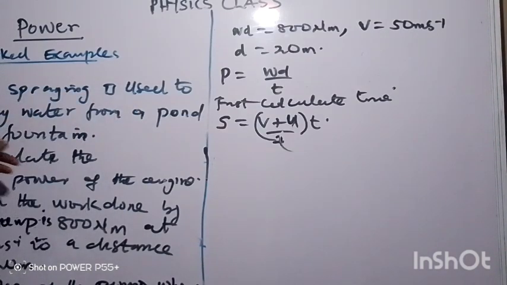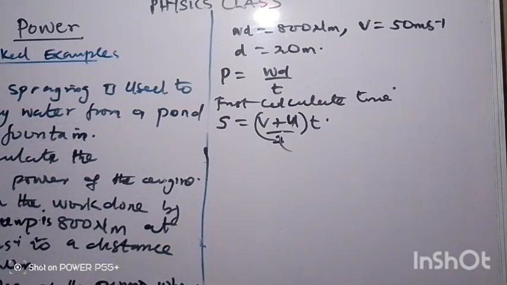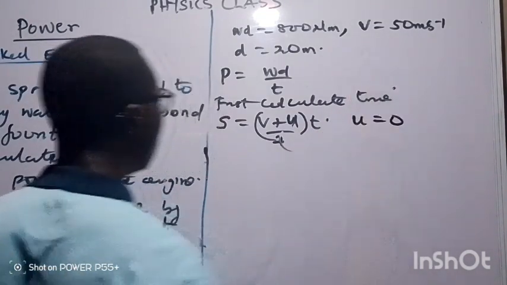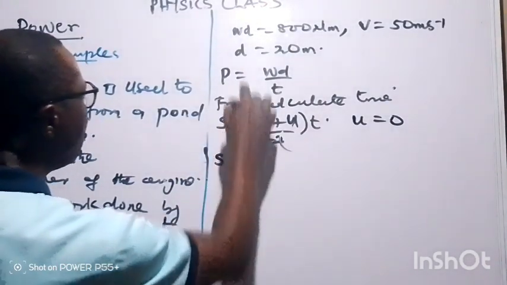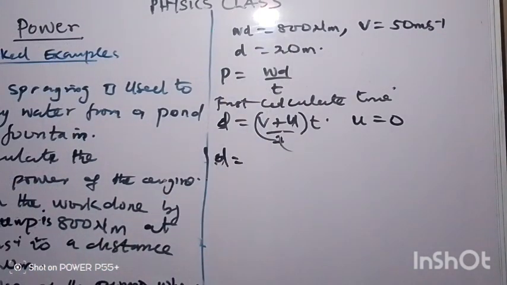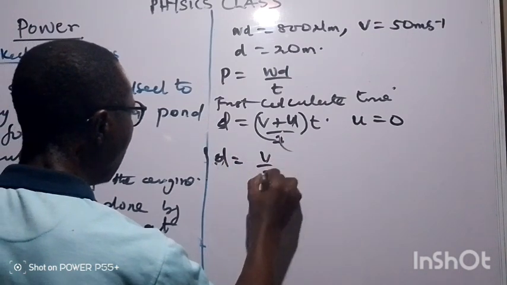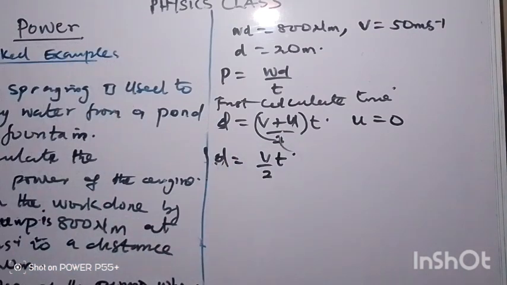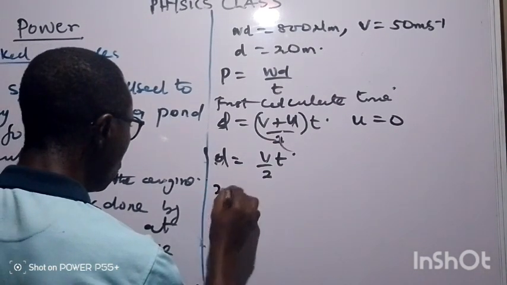It means the spraying machine will have initial velocity u equal to 0. If u is equal to 0, then we have s, I mean d, let's use d according to the question, as distance covered will be equal to v over 2 into t. So 2d, that is the distance, is equal to vt.